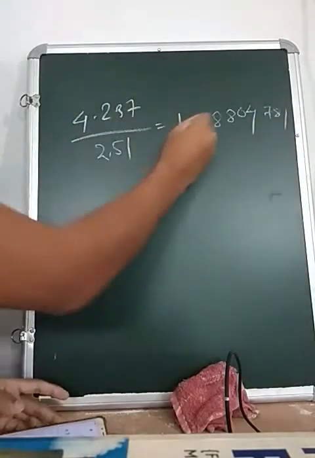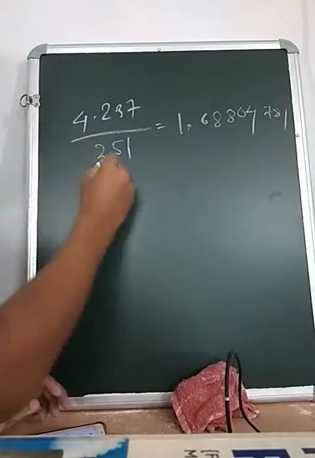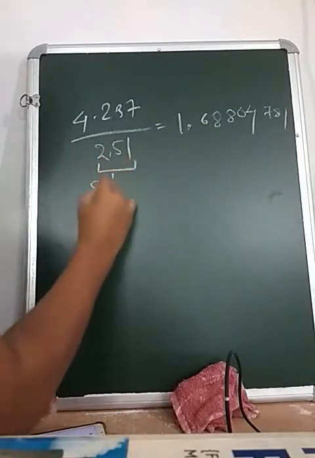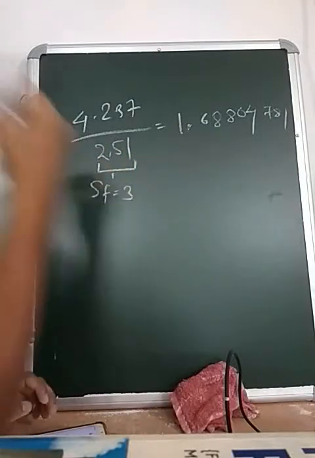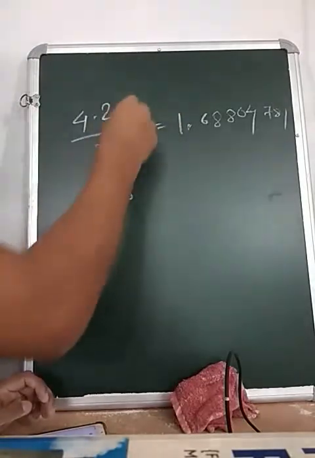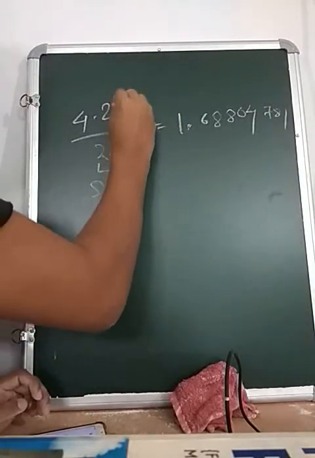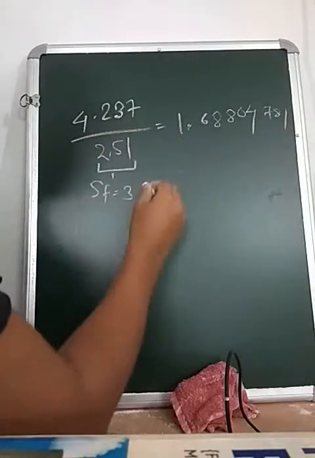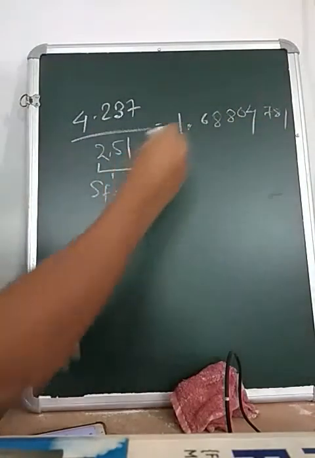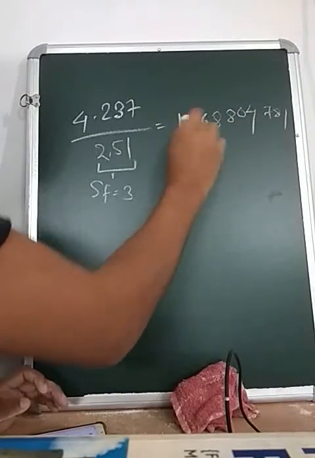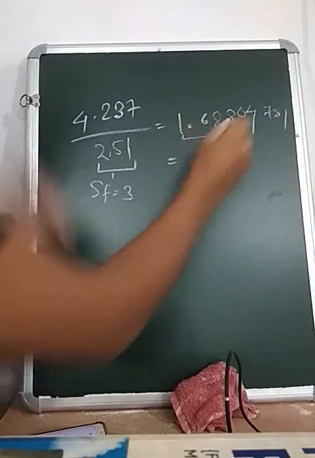Okay, this is the result, and the least number of significant figures is 3 in this example. So we have to make the result up to three significant digits.